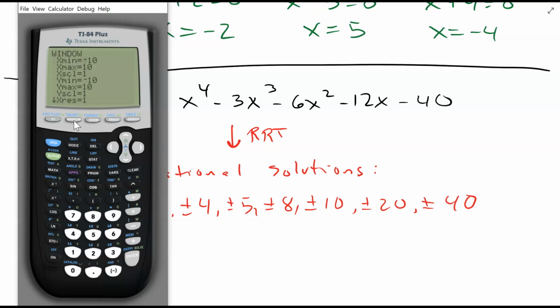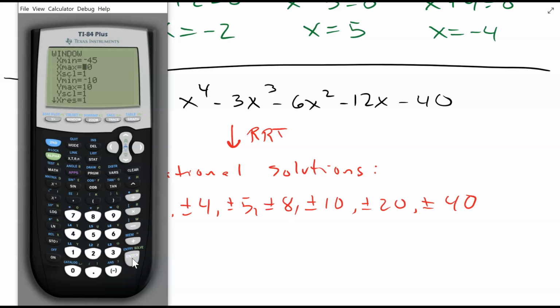It should be smaller than the smallest thing on my possible rational zeros list, or solutions list. So it needs to be smaller than negative 40, right? So I'm going to do negative 45 or something, that's fine.